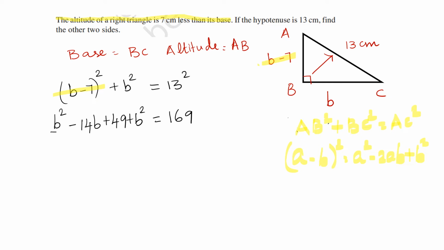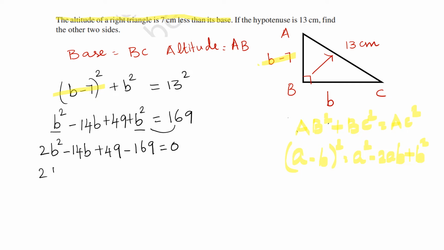So b² + b² will become 2b² − 14b + 49. This 169, if it comes this side, will become −169, equal to 0.